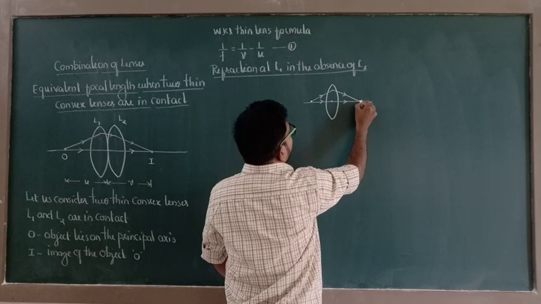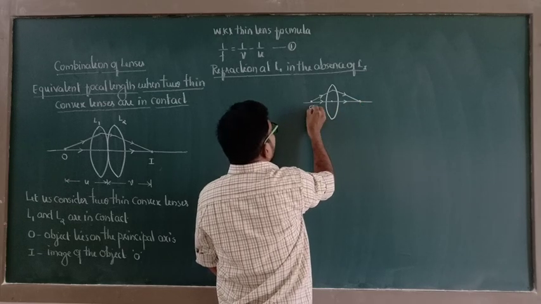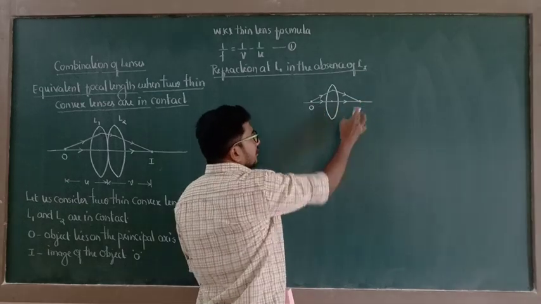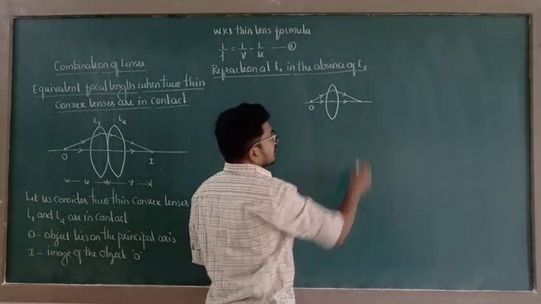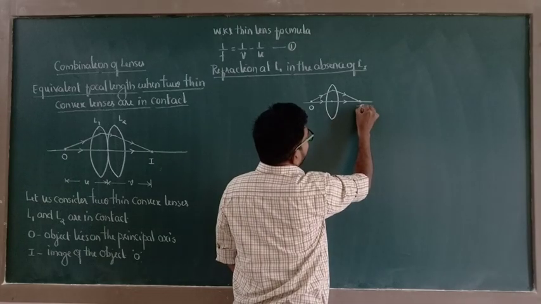Therefore, this point gives the image of this object O. This image is due to the first lens, that is L1 lens. Let us name this image as I1.